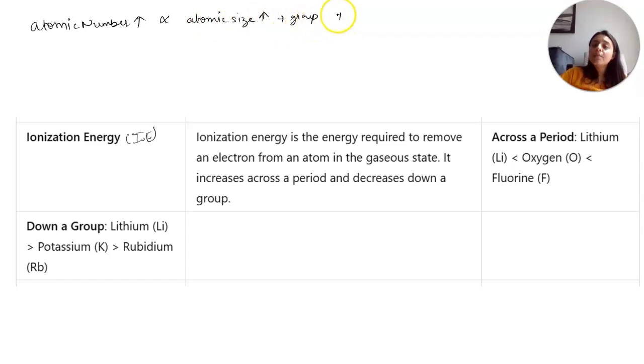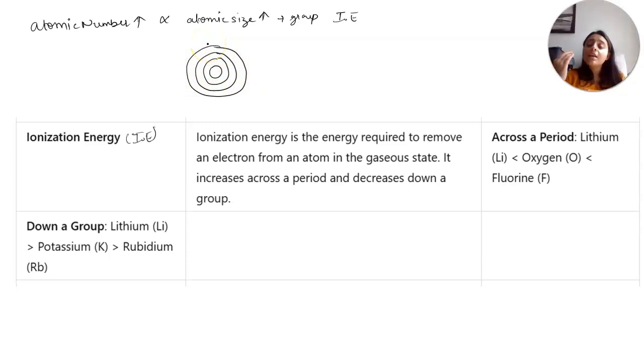So what does happen in ionization energy? Since you can see this is a nucleus and these are the energy shells where all the electrons are present. Now ionization energy is the energy which is required to remove the electron from the outermost shell, right? From the outermost shell. Now what will happen?